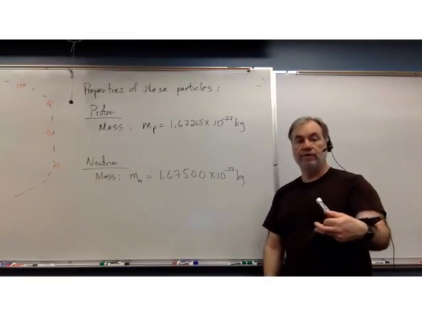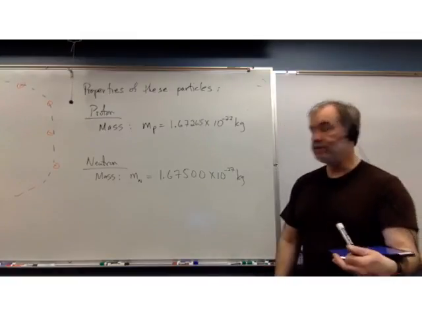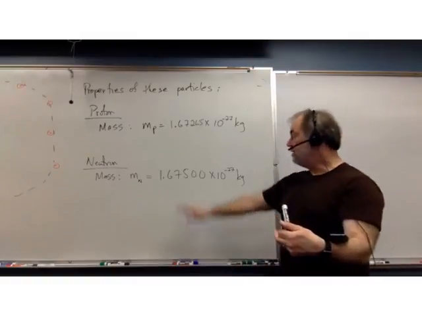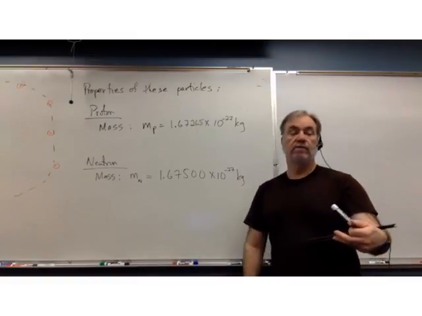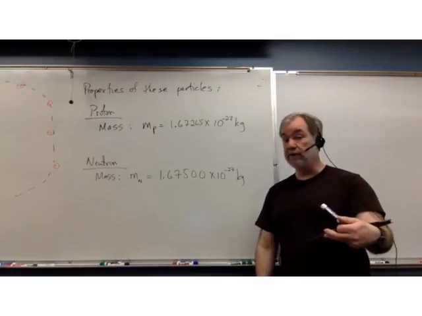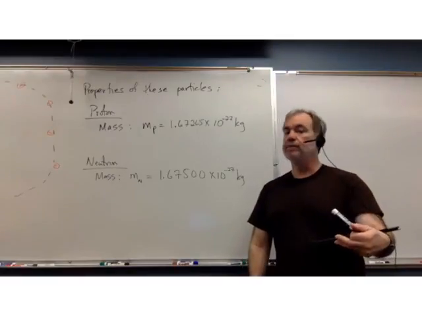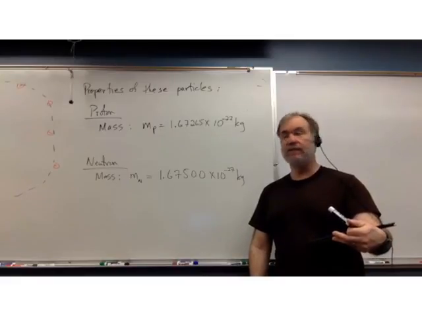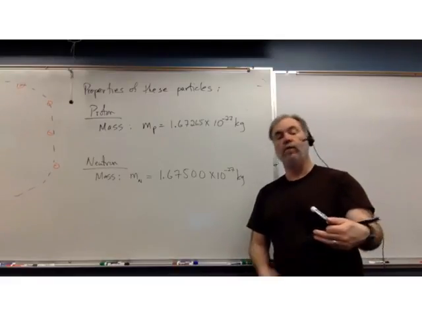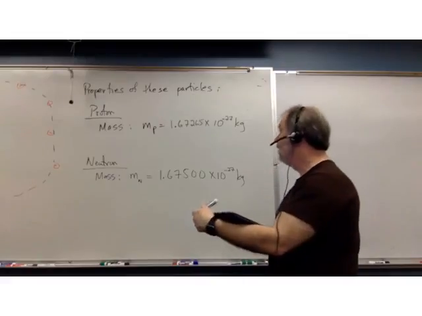Once again, the neutron is going to be of very little concern to us in this course. It is interesting to note that the neutron and the proton have masses that are so very, very close to each other. It won't matter to us in this class, but that tiny, tiny difference in mass is going to be hugely important when you study nuclear physics.